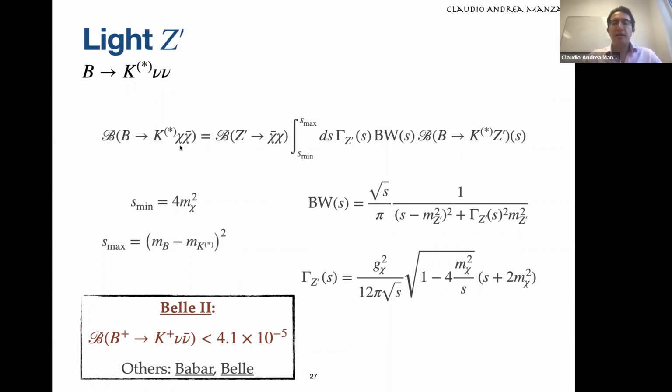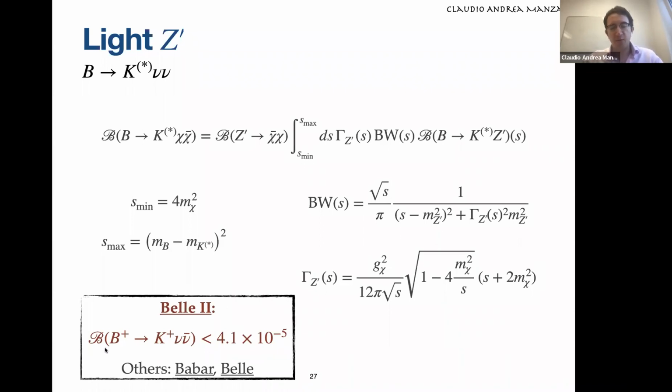And therefore, we need to recast the experimental analysis, taking into account the experimental efficiency as a function of the mass of this object. And only the last Belle 2 analysis provided us with this efficiency function.